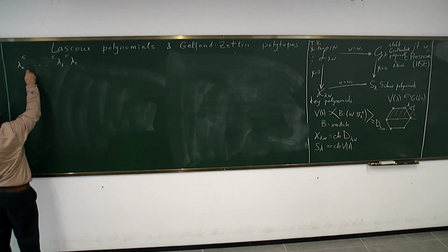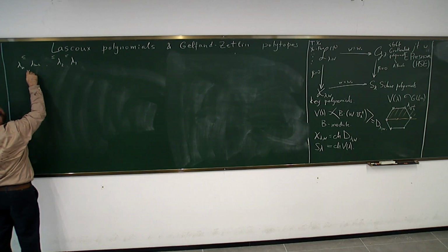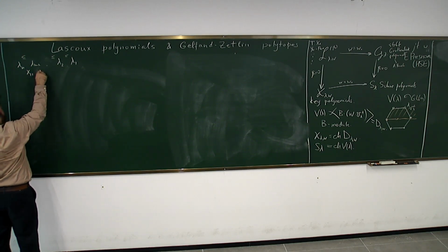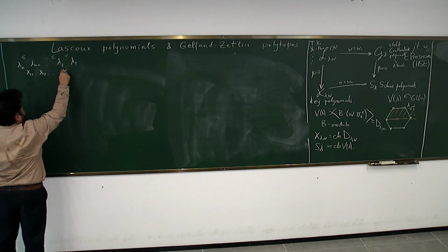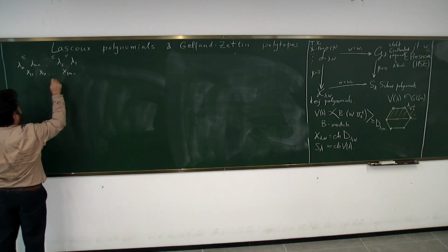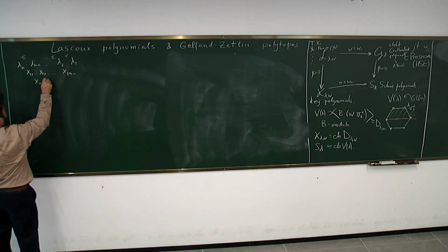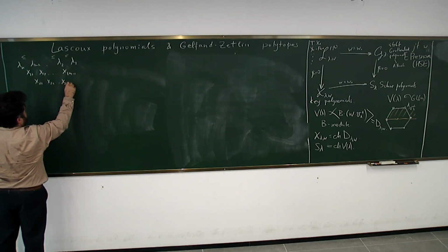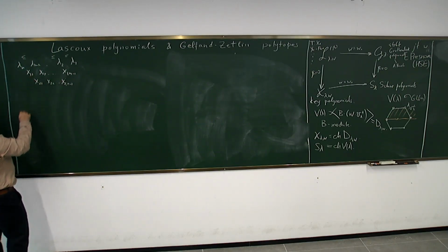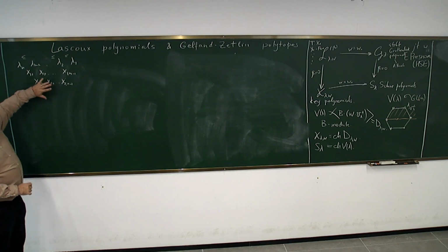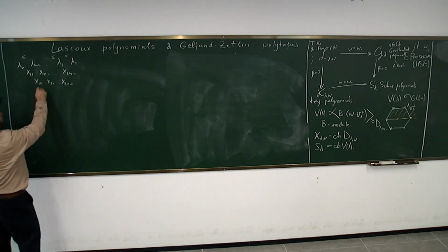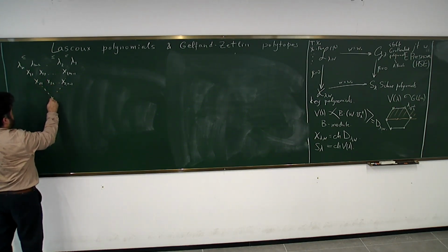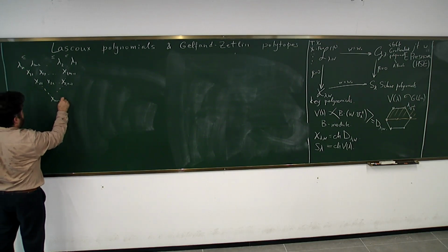This will be lambda 1, and the next row will be x1,1, x1,2, up to x1,n-1, then x2,1, and so on. Every row is shifted by 1/2 with respect to the previous one. Here you get x n-1,1.